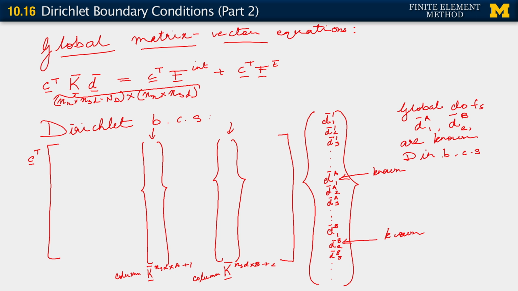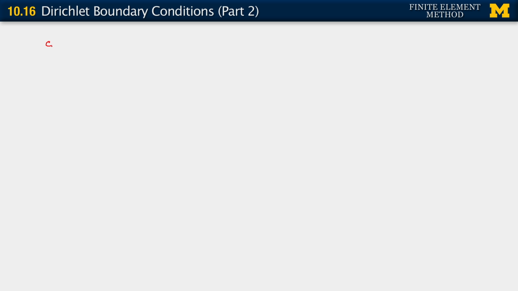We do that, and then we are left with a reduced system C transpose K D equals C transpose F internal plus F T bar, minus D bar A1, which is a scalar degree of freedom, multiplying the column that we identified on the previous slide, K bar NSD times A plus 1, minus D bar B2, a scalar degree of freedom multiplying the column K bar NSD times B plus 2.